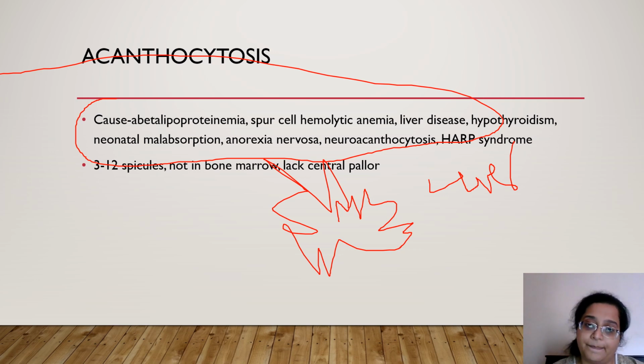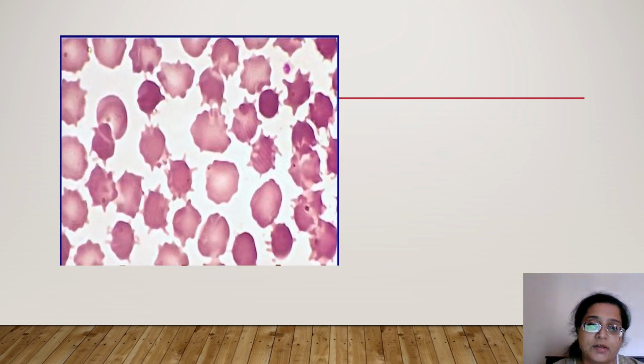Okay. See, these are acanthocytes. You have to count them: 1, 2, 3, 4, 5, 6. This one has 6. 1, 2, 3, 4, 5, 6, 7, 8. So these are acanthocytes. And there is a membrane defect leading to this kind of a picture.